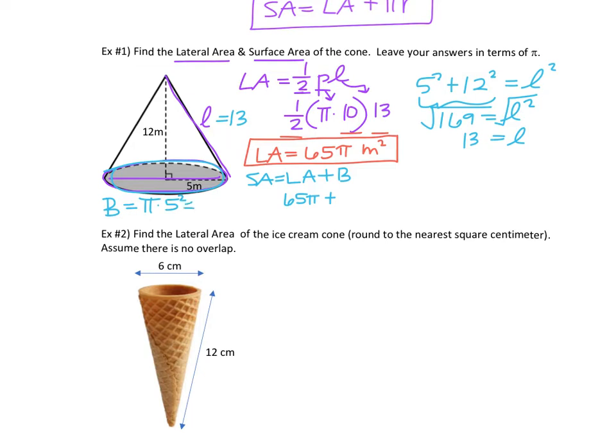So that's 25 pi. Now you can just add those together. 65 plus 25, you get a surface area of 90 pi square meters. So that's your lateral area and your surface area.